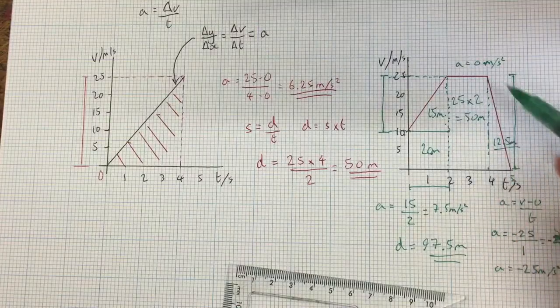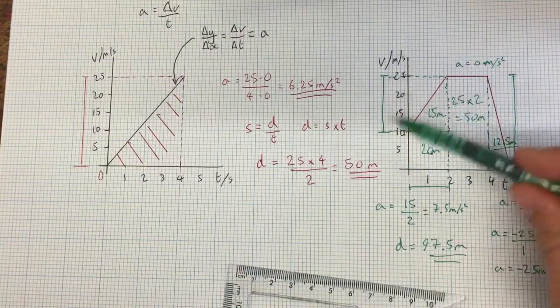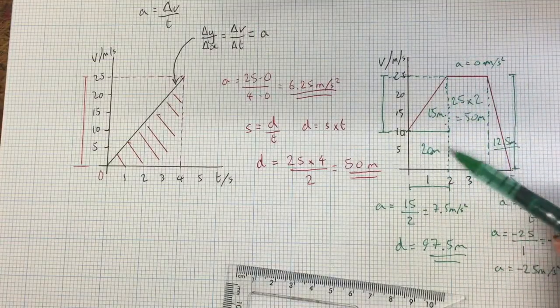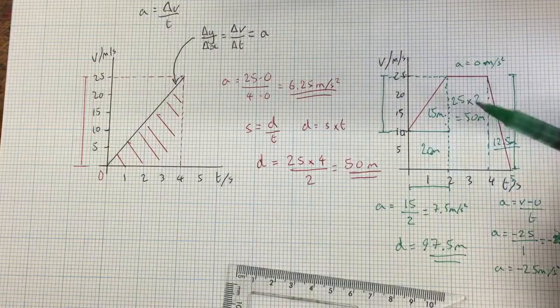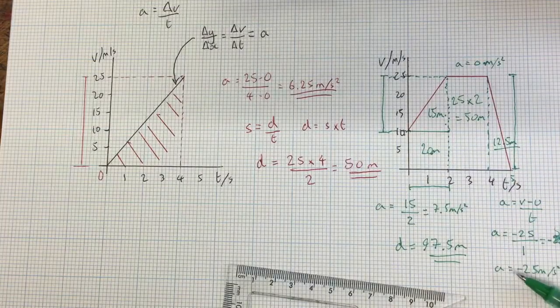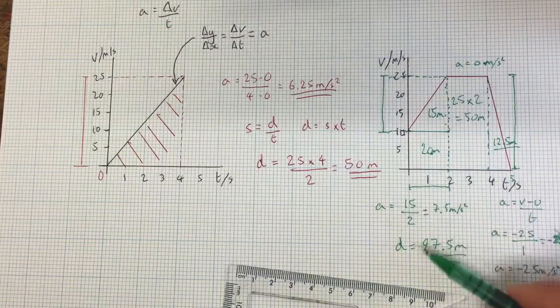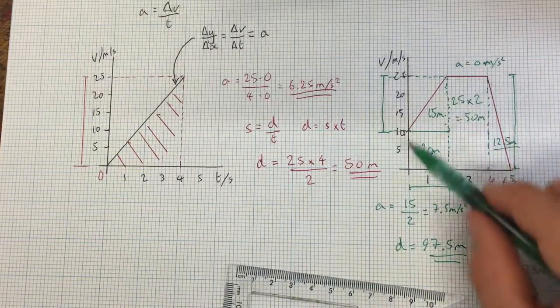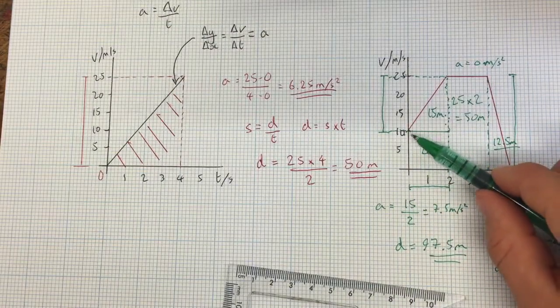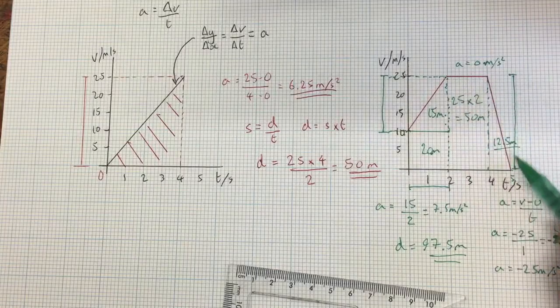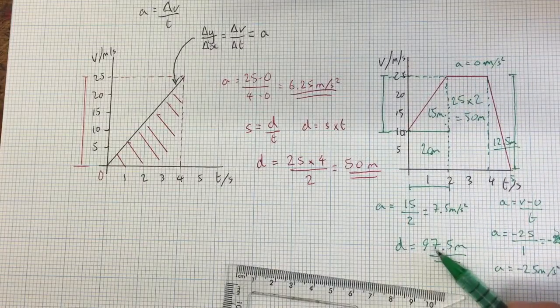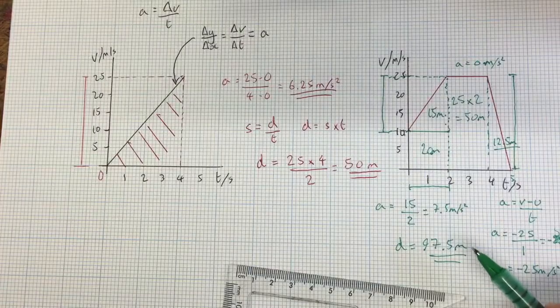This object hasn't changed direction at any point because it's always in the positive part of the axis. It would only change direction if it became negative, if it came down here. So you imagine -1, -2. So this object has simply accelerated, travelled at constant speed, then decelerated. So it's travelled 97.5 metres from its original starting point.